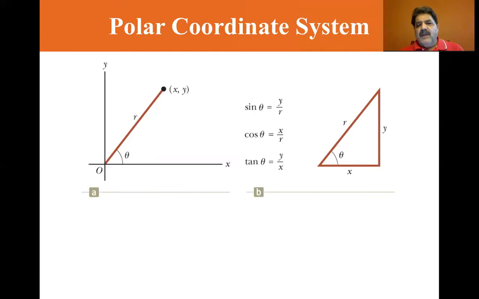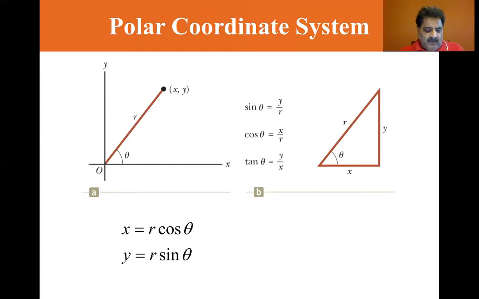Now, to generate the X and Y, you would use this formula: X is equal to R cosine theta, and Y is equal to R sine theta. So that's how you go from polar to rectangular.